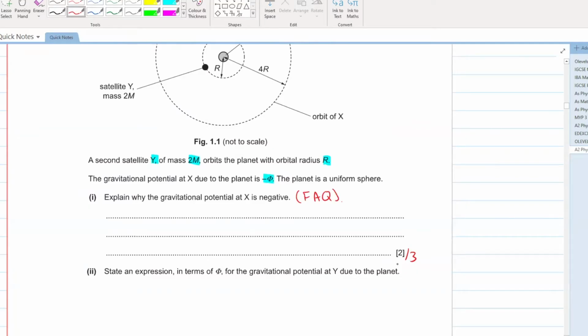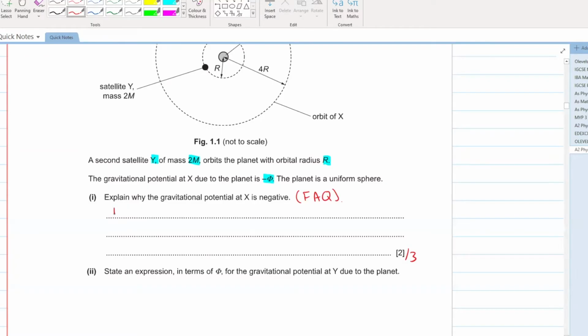There is a 3-pointer answer to this. Why is gravitational potential negative? You have to write it in the form of keywords.